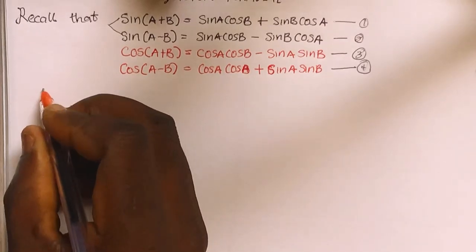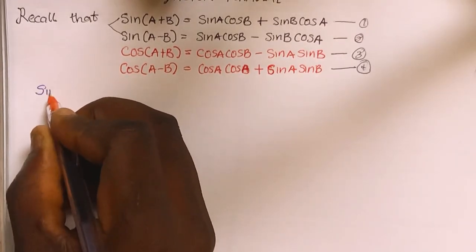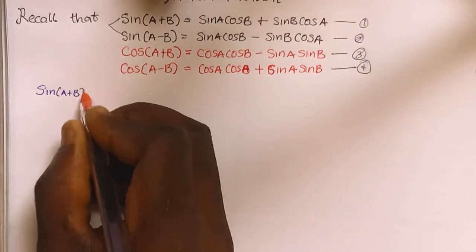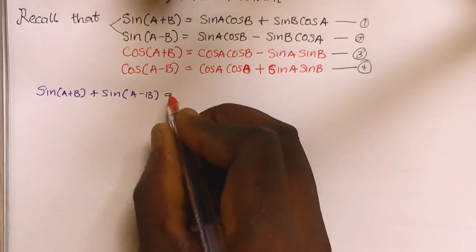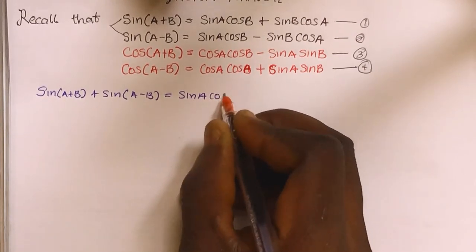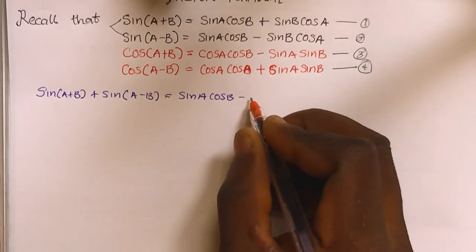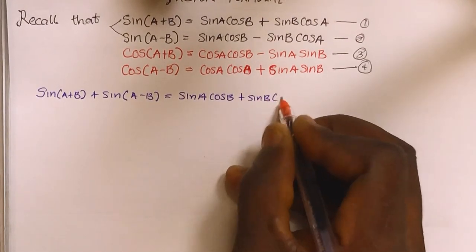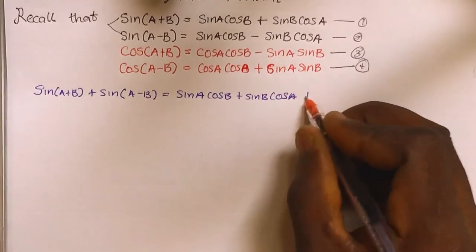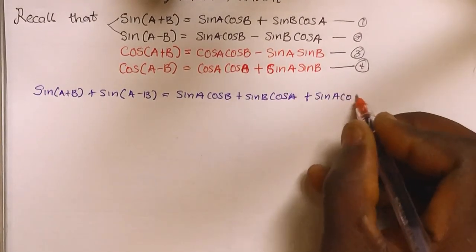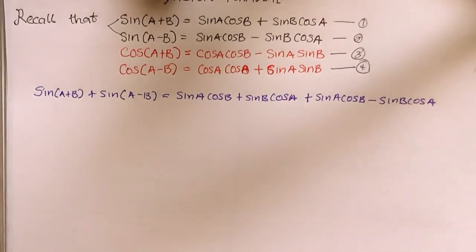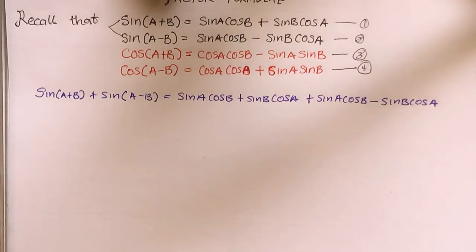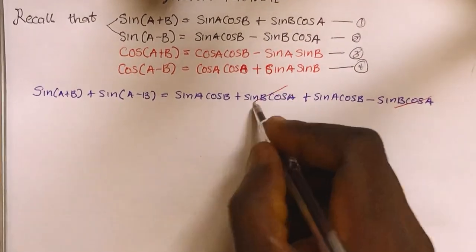I will have sine A plus B plus sine A minus B equals sine A cos B plus sine B cos A, plus sine A cos B minus sine B cos A. If you look at this very well, sine B cos A and minus sine B cos A cancel out.